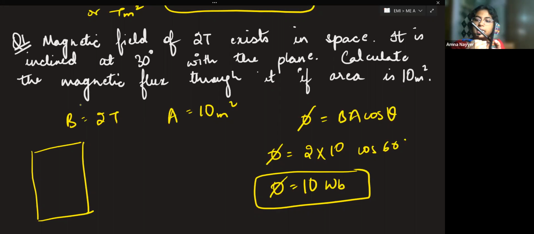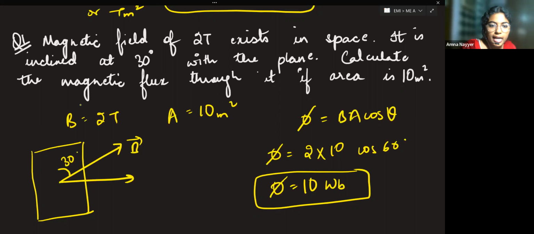If you see, this is 90 degrees and this part is 30 degrees only. So how will you obtain this? It will be 90 minus 30, which gives you 60. Got it? The magnetic field makes an angle of 30 degrees with the plane. If you need the angle between the magnetic field and the area vector, you subtract it from 90 to obtain this 60. Now is it clear? Yes, ma'am.